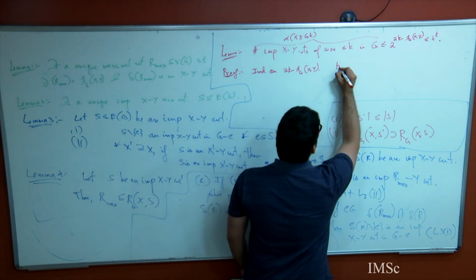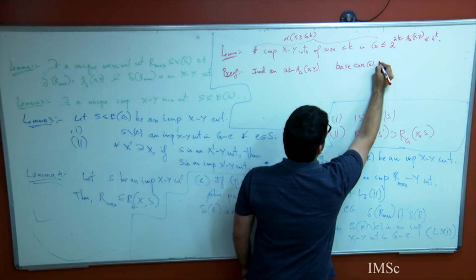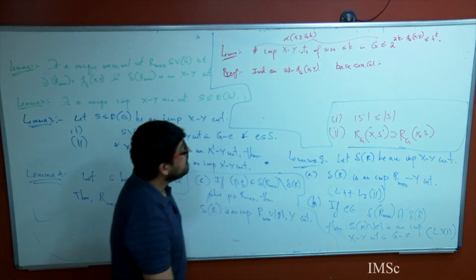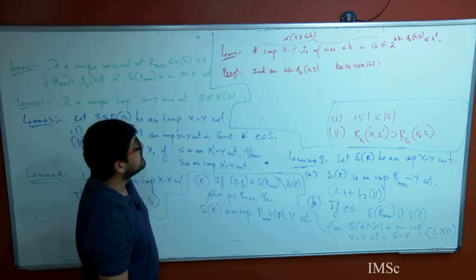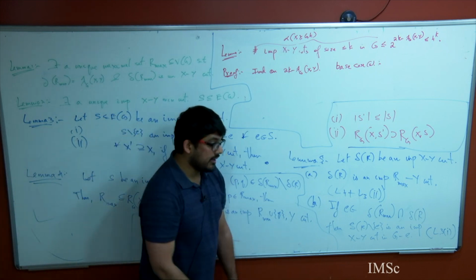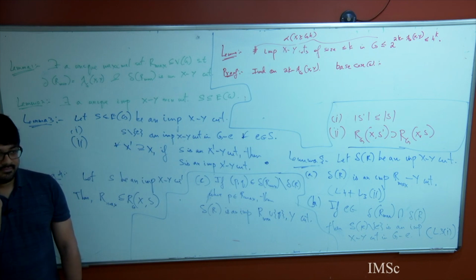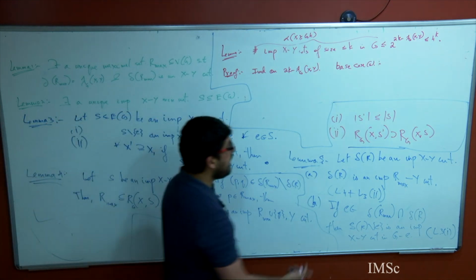Okay, so what are my base cases? What if lambda is greater than k? Then there are no xy cuts of size at most k.